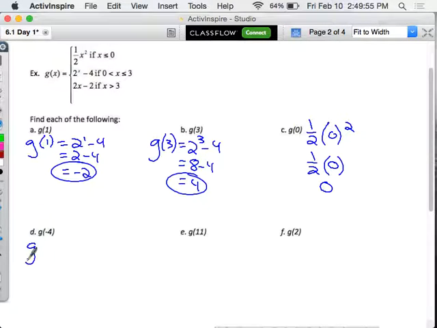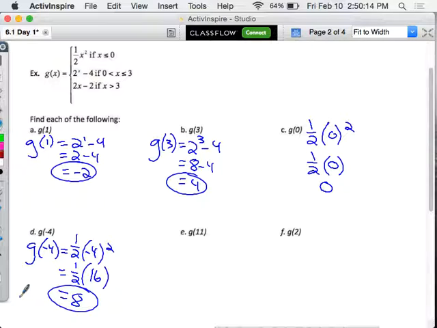So g sub negative 4 equals 1/2 times negative 4 squared, which is 1/2 times negative 4 times negative 4, which is positive 16. And that comes out to be 8. Notice, multiplying by 1/2 is the same thing as dividing by 2. That was on the quiz that we just did.